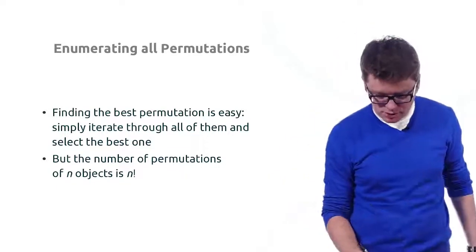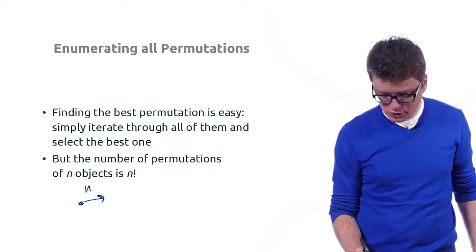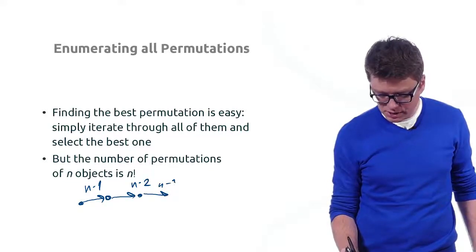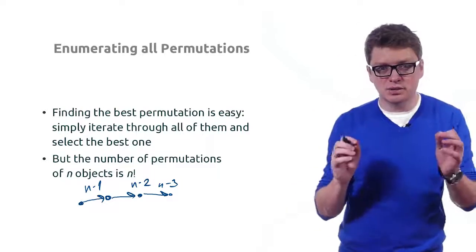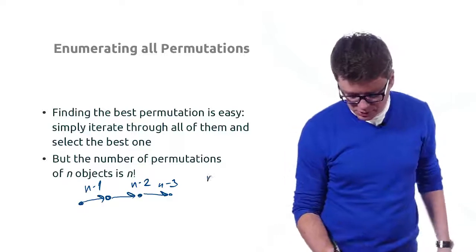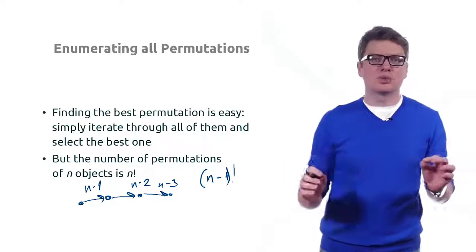If the first node is fixed, then for the second node there are n minus 1 choices, for the next one there are n minus 2 choices, for the next one there are n minus 3 choices, and so on. So the total number of different cycles is n minus 1 factorial, which is almost the same as n factorial.